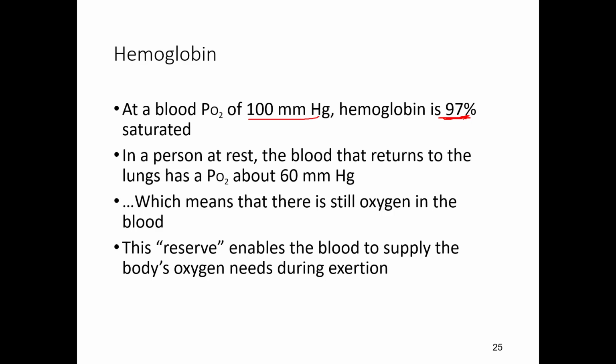Now, when you are at rest, the blood that comes back to your lungs has about 60. I think in the other picture we said 40, but something along that line. So 40 to 60 in what we would call deoxygenated blood, which is kind of an interesting concept because deoxygenated blood doesn't mean it has zero. Oxygenated blood does not have 0 millimeters of mercury of oxygen.